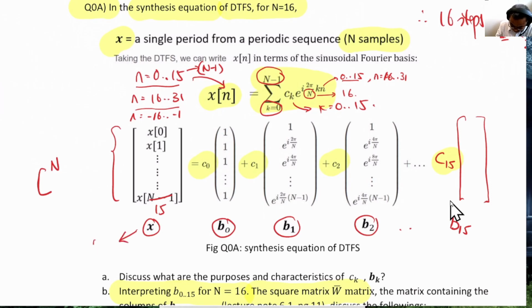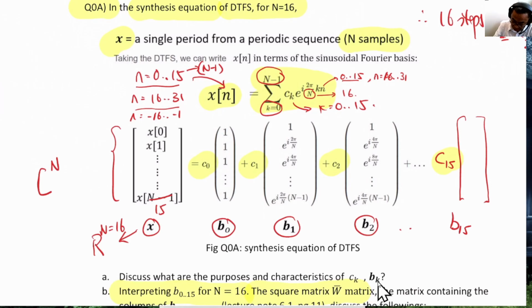While x is in R^N, N equals 16, the basis actually is a complex vector with 16 elements. You may be wondering, how can I add column vectors of complex vectors and end up with real? And the answer is that the coefficients will be complex conjugates of each other, and the imaginary parts will cancel later on.